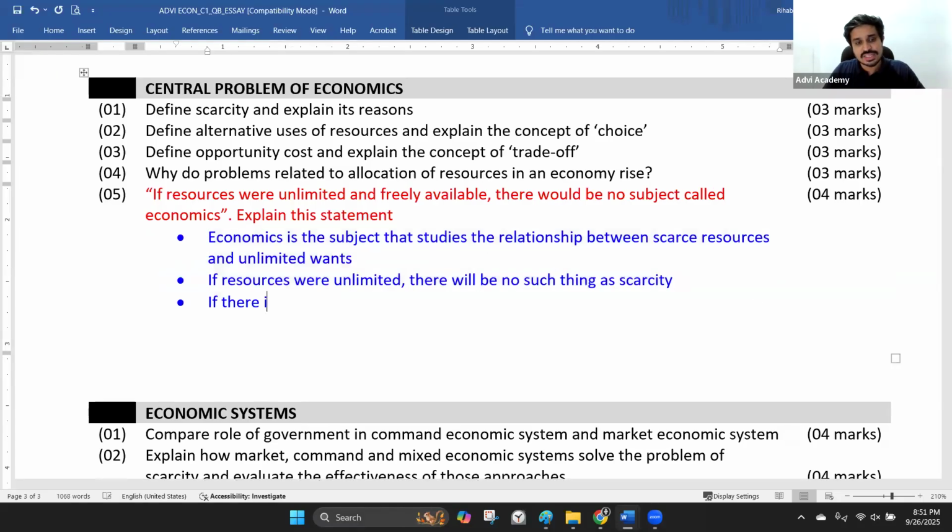If there is no scarcity, there will be no subject called economics, because economics is about scarcity. Right? So this is correct. You have to give the definition for economics, give the definition for scarcity, and then you can finally say that there will be no subject.